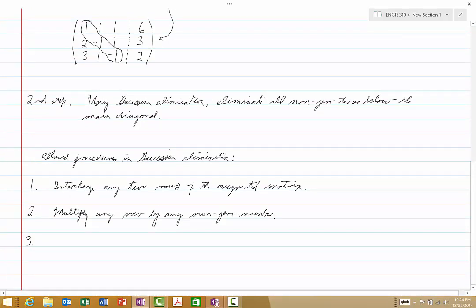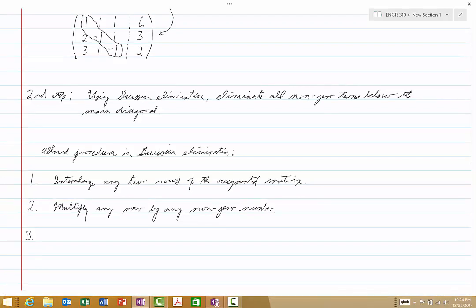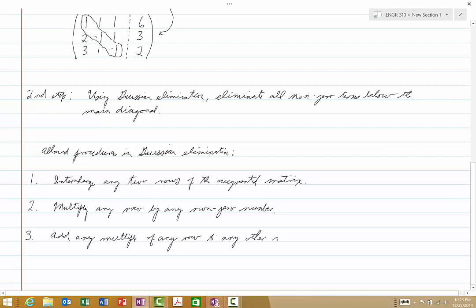And 3, and this is the procedure that you will use most often, we can add any multiple of any row to any other row.